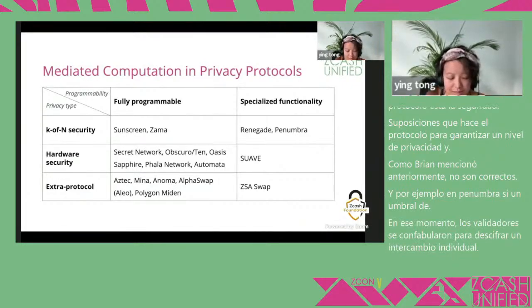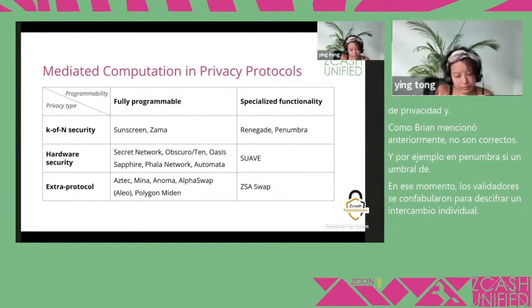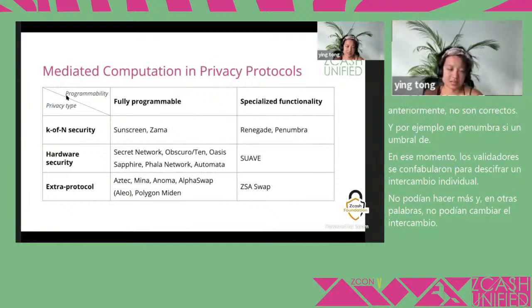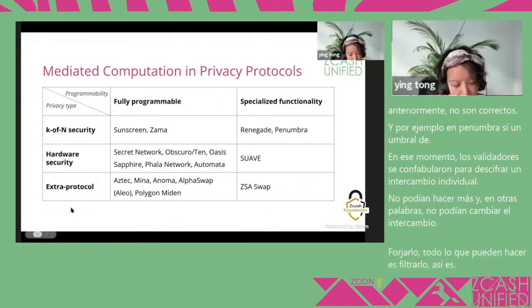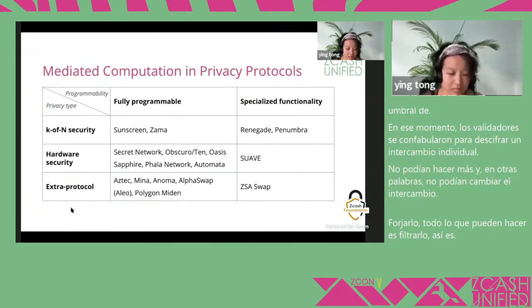In other words, they could not change the swap. They could not forge it. All they can do is leak it. So this vertical axis is making very clear the assumptions for privacy that are used in each of these protocols.